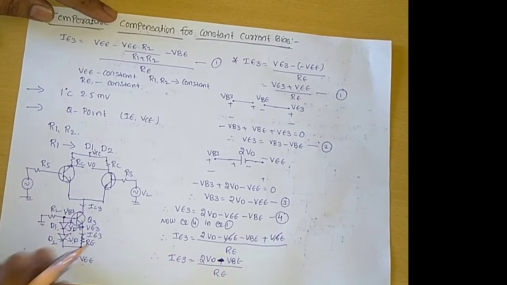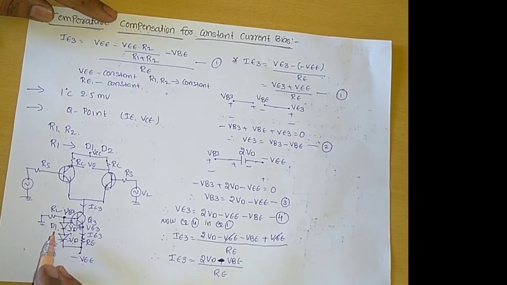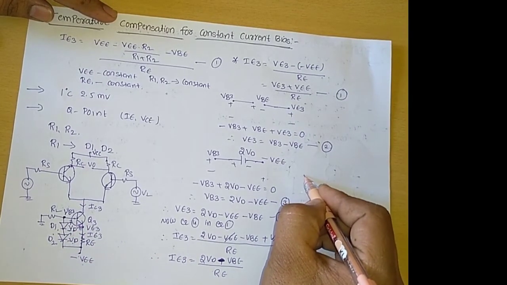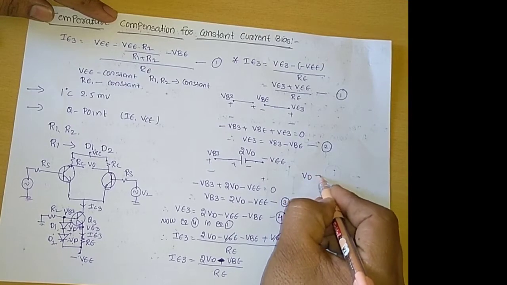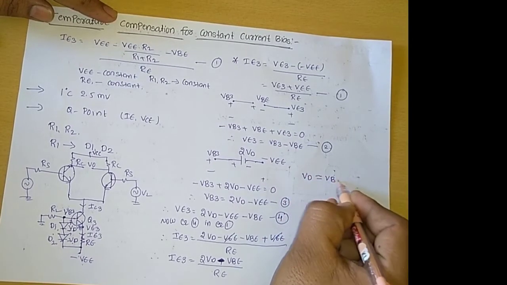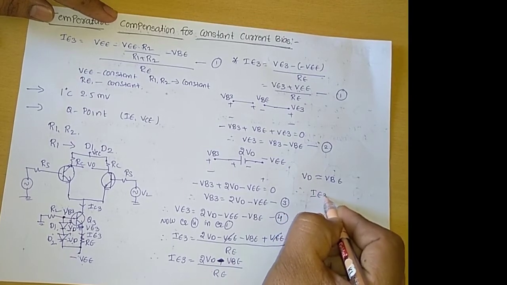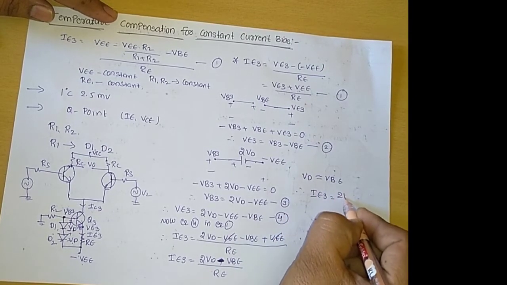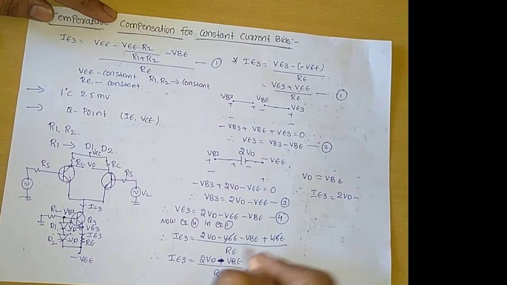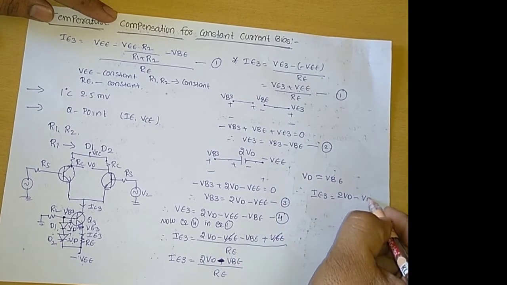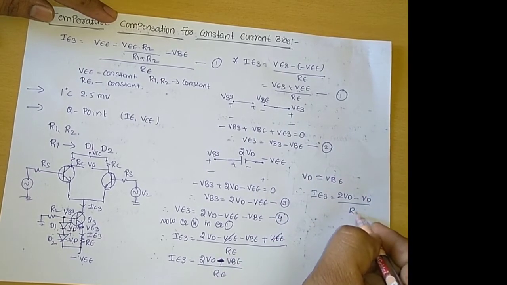In this circuit, if both the diode and BJT characteristics are the same, it means that the voltage of the diode VD is the same as VBE. At that time we get IE3 equal to 2 into VD minus VBE, which we consider as VD, whole divided by RE.